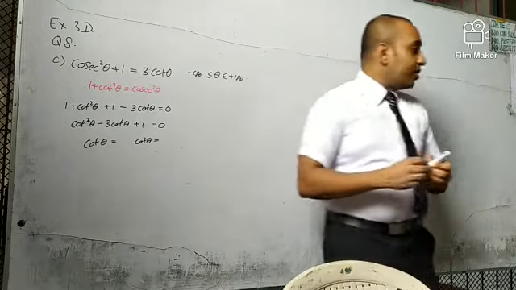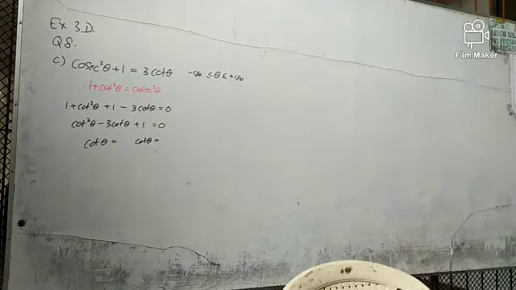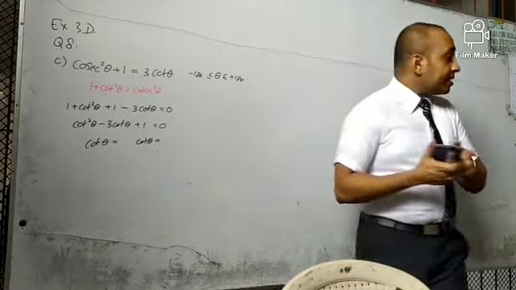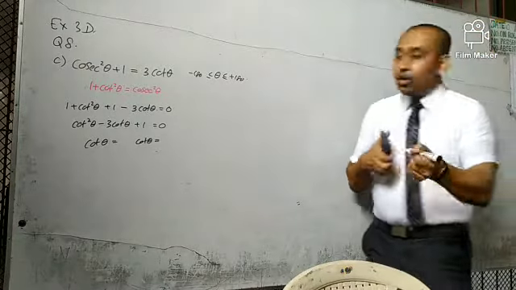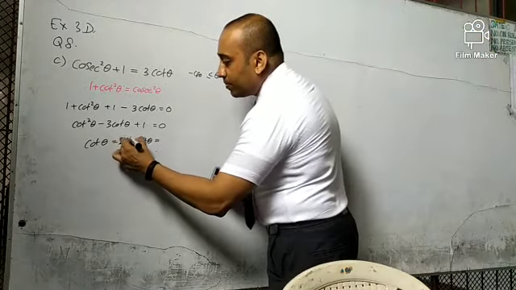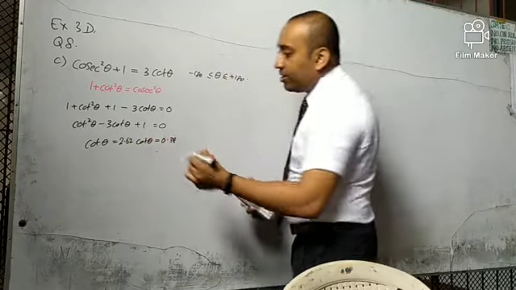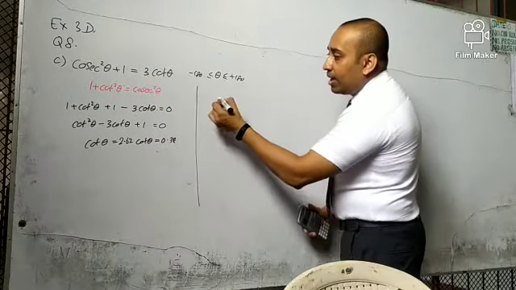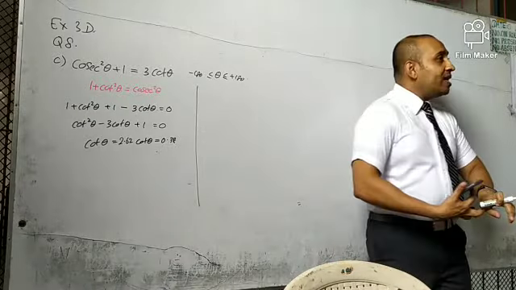There are 2 solutions you can obtain for cot theta. What are the answers? 2.62, 0.38. Here is another important point: we cannot get cot inverse.